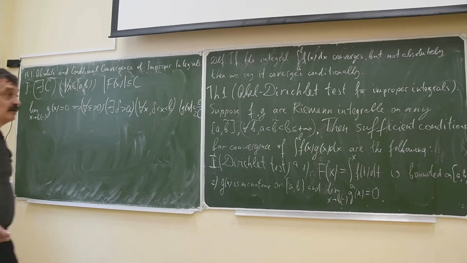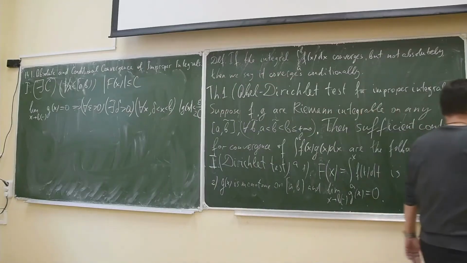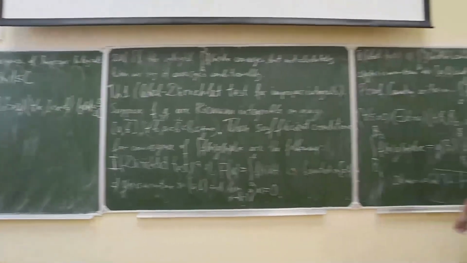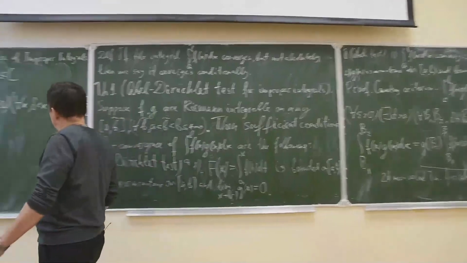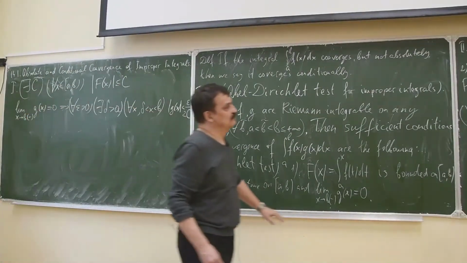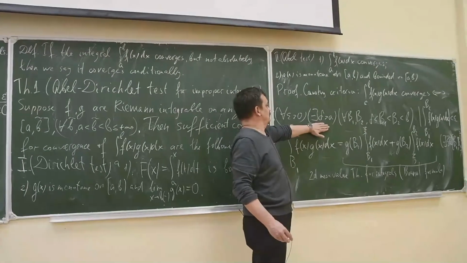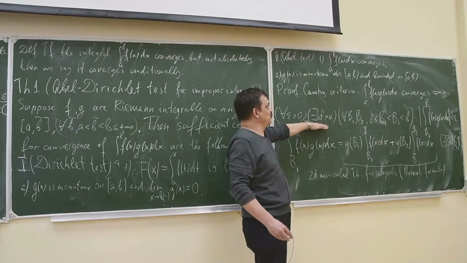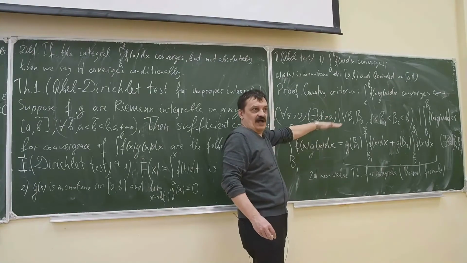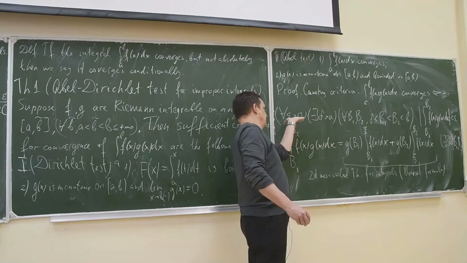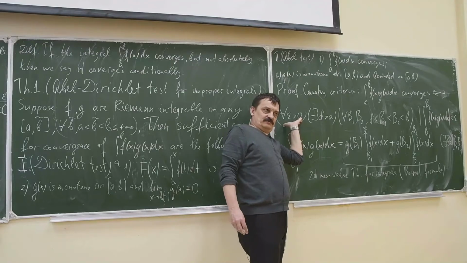Now look, compare it with our Bonnet representation. Look what we have. If I choose the same delta as here, right? Look, here there exists delta. So I want to prove the Cauchy criterion, right? It means I want to prove this line. It means I take arbitrary epsilon greater than 0.